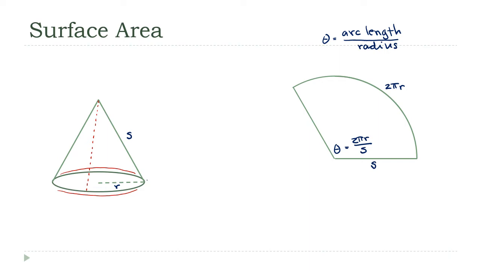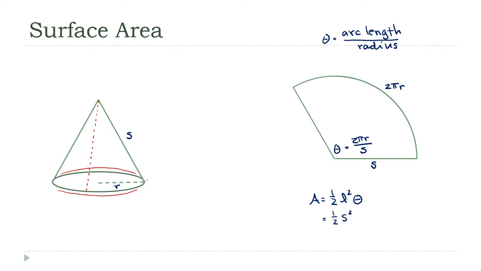All right, so that's what I need to get to my area because there's a formula from geometry, right, for the area of a sector of a circle, and that says that the area is 1/2 L squared theta, where L is actually the radius here. So L is going to be s in my diagram, so it's 1/2 s squared.